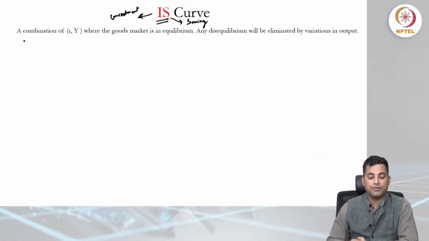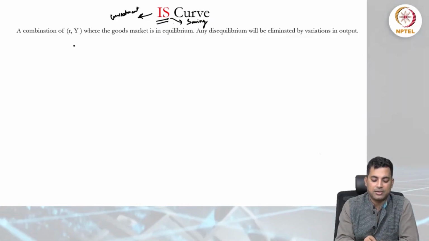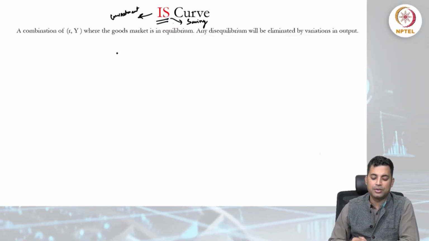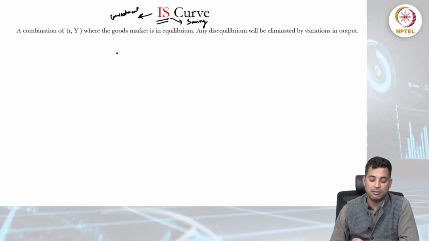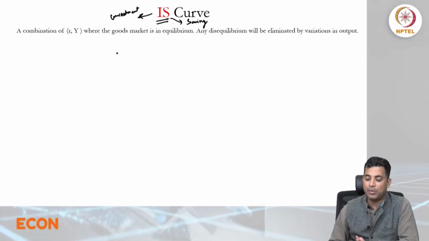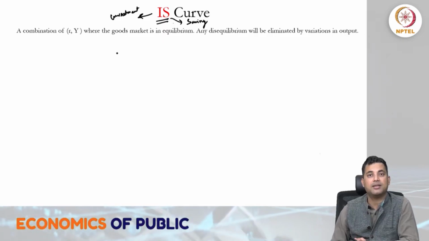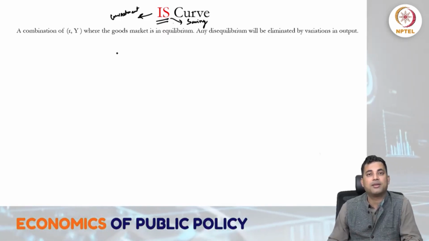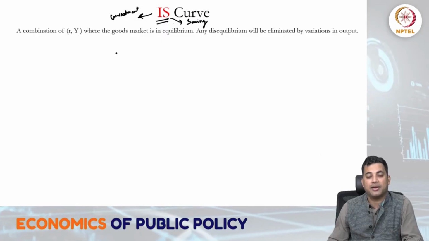The combination of R, the rate of interest, and Y where the goods market is in equilibrium, so any disequilibrium will be eliminated by variations in the output. This is precisely what we call the IS curve.